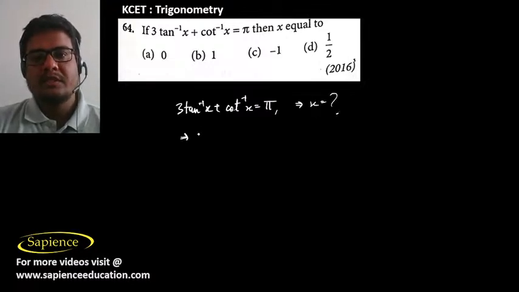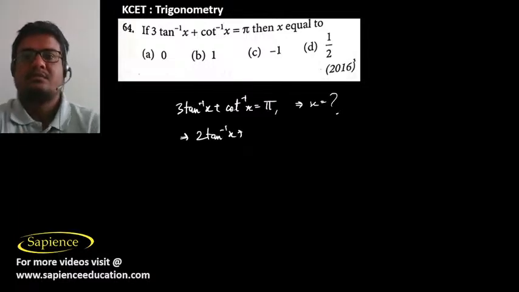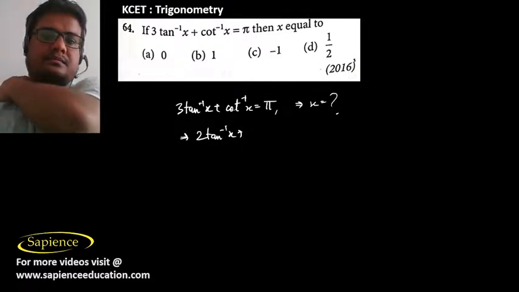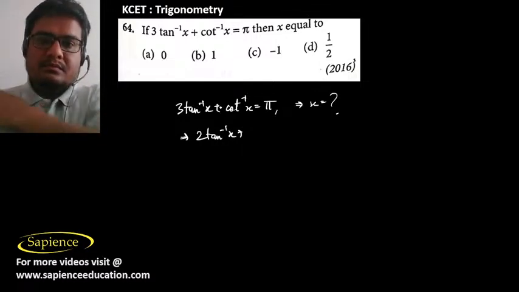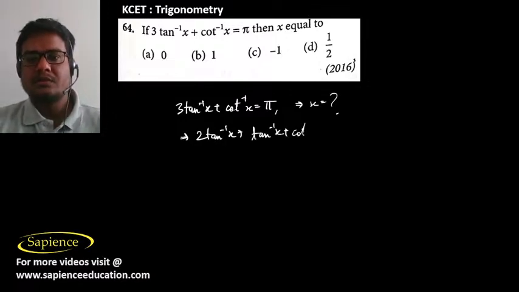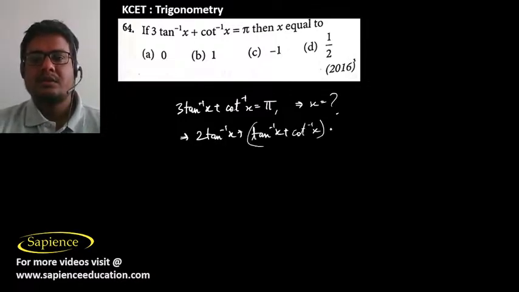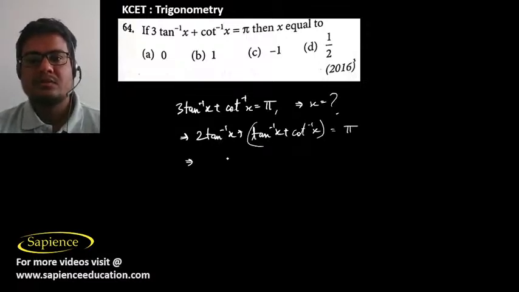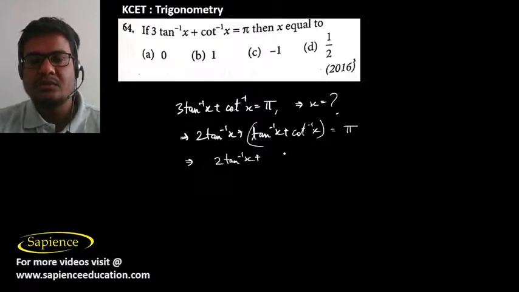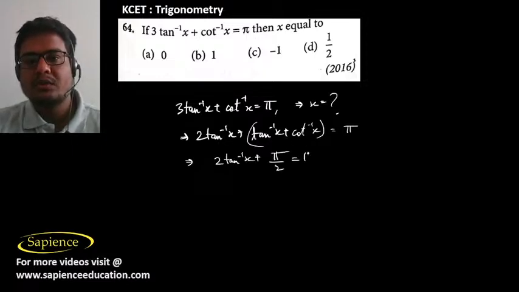So we can write 2 tan inverse x plus tan inverse x plus cot inverse x is equal to pi. Therefore 2 tan inverse x plus this tan inverse x plus cot inverse x, which is pi by 2, is equal to pi.